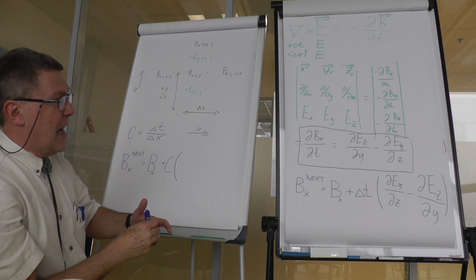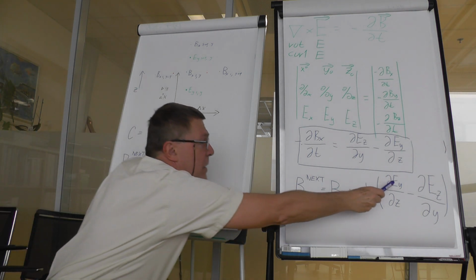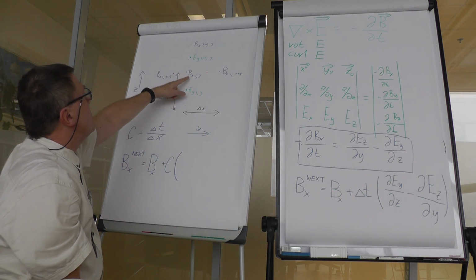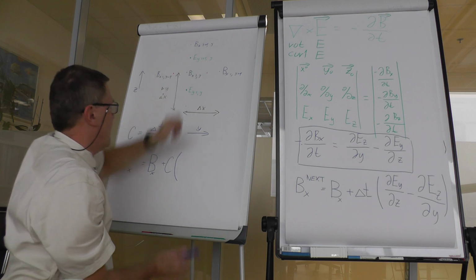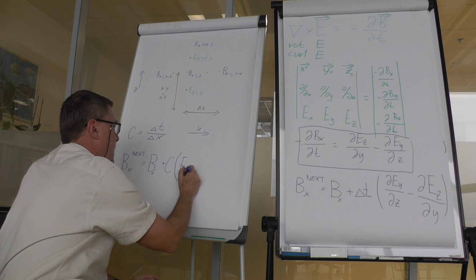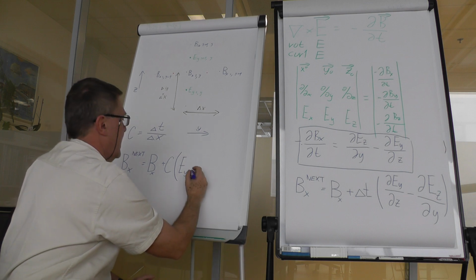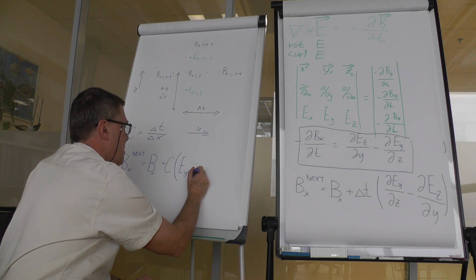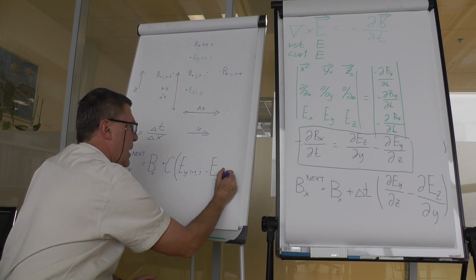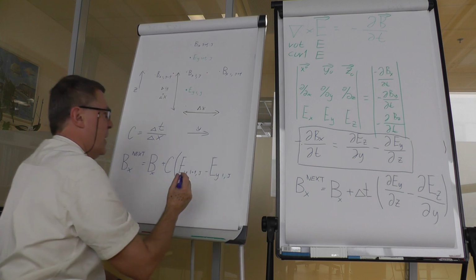So first let's handle the derivative of ey against z. That is ey I plus 1 j minus ey I j.